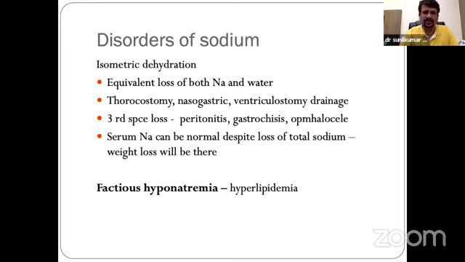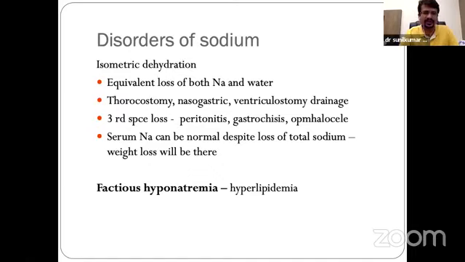In this, both sodium and water are lost, so the serum tonicity is maintained. The measured serum sodium can be normal, and the only clue will be the weight loss and the visible electrolyte-rich drainage, which we can see in nasogastric or ventricular drainage. So that will be the clue.